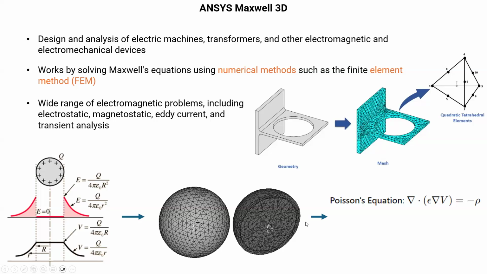Then, in each mesh cell, we solve the Poisson's equation that we discussed today for the distribution of the voltage, or the scalar potential V, and then from the calculated potential V, we can calculate the electric field distribution by taking the gradient of V.